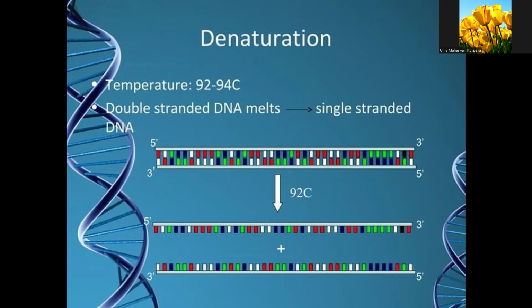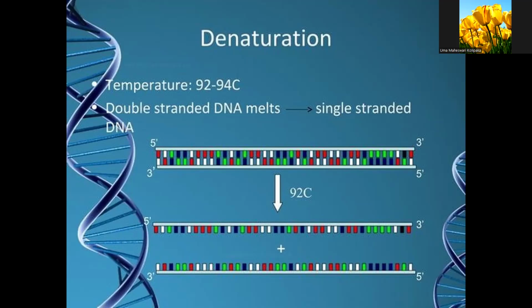With the help of denaturation, we separate the 2 complementary strands, which are folded around each other in a helical structure. We separate the 2 strands from each other, and that process is known as denaturation.